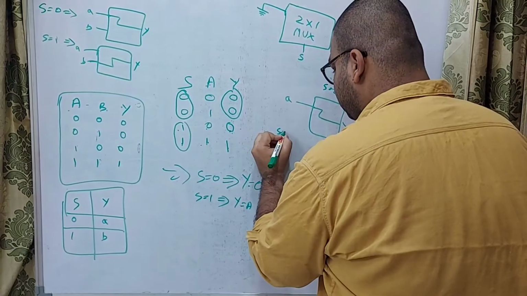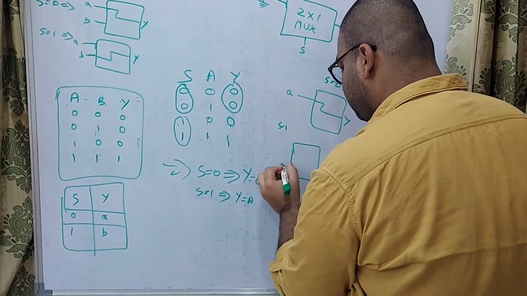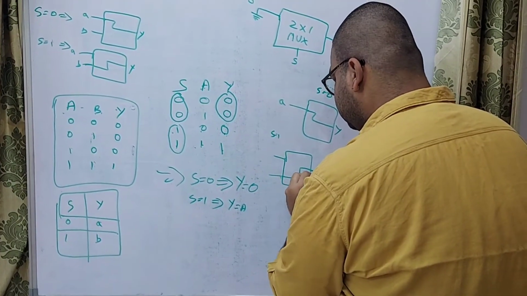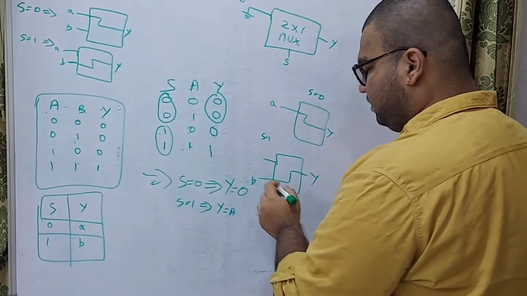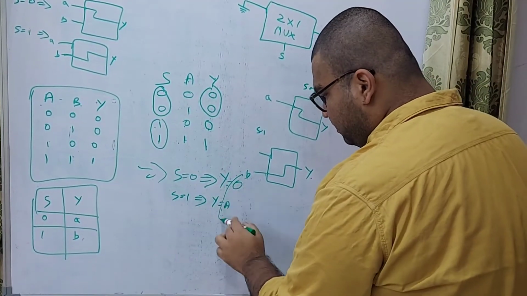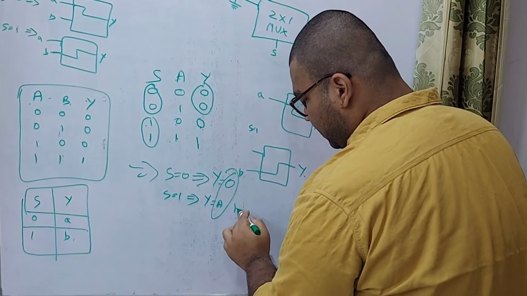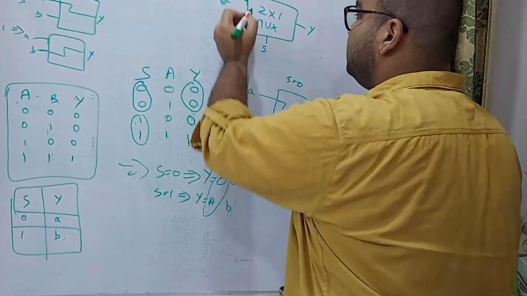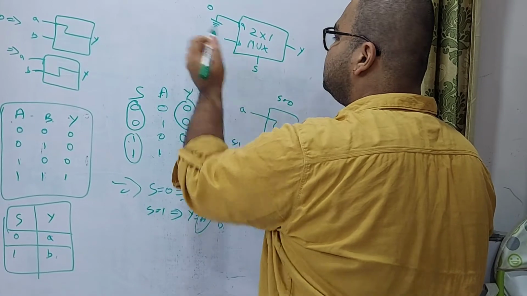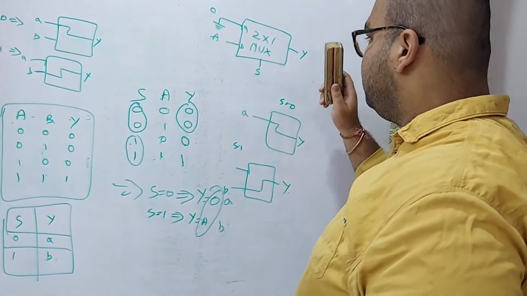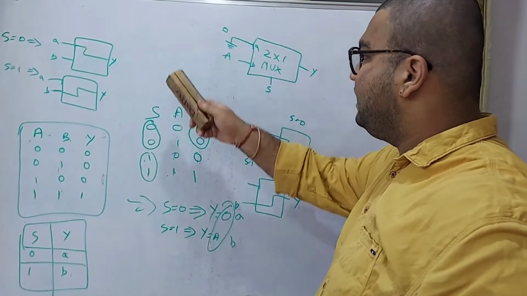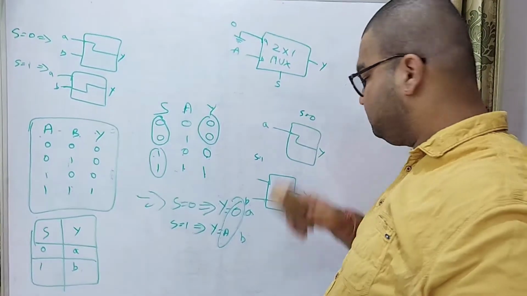And when S is equal to 1, I have told you earlier that this line is connected, B is the output for Y. But here B is A and A is 0. That is, this is A and this is B, but this B is A. So in this way, we have constructed an AND gate using a 2x1 MUX.